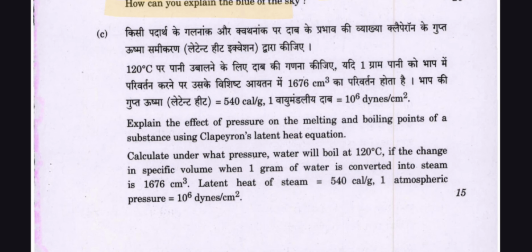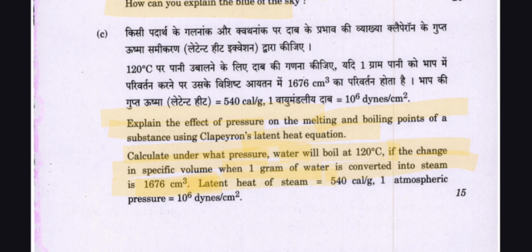And question number C is here. Explain the effect of pressure on the melting and boiling points of a substance using Clapeyron's latent heat equation. Calculate the pressure under which water will boil at 120 degrees Celsius if the change in specific volume when 1 gram of water is converted into steam is 1676 centimeter cube.